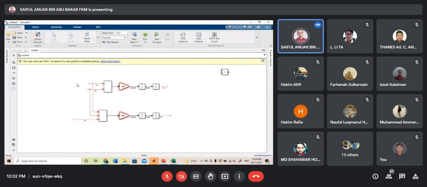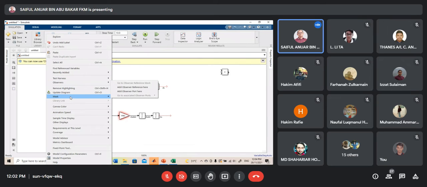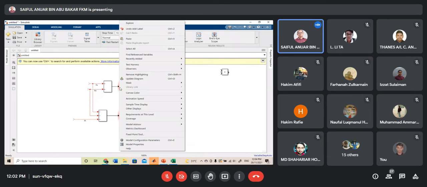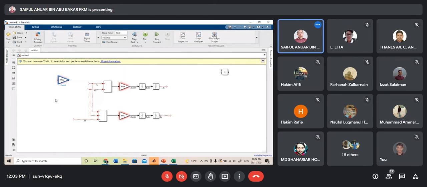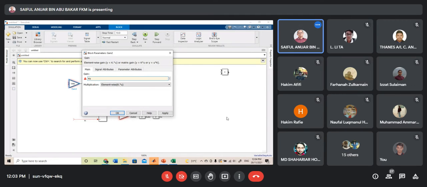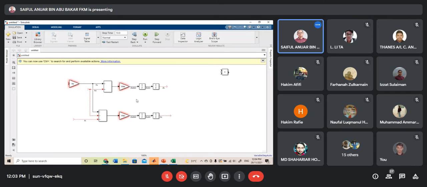Now it's time for us to define the Fs, Fd, and Ft. So the Fs is actually Ks multiplied by the relative displacement between the unsprung mass and the sprung mass. So what we can do is put in Ks, and a sum block.